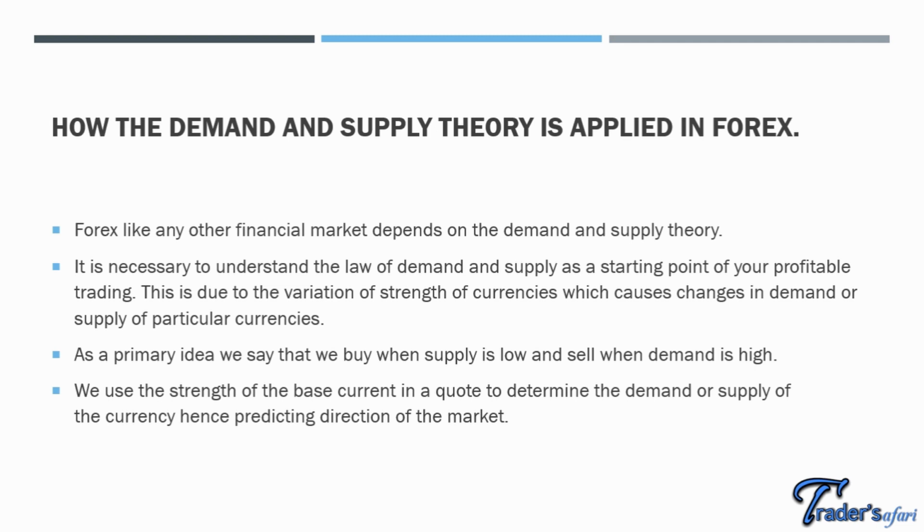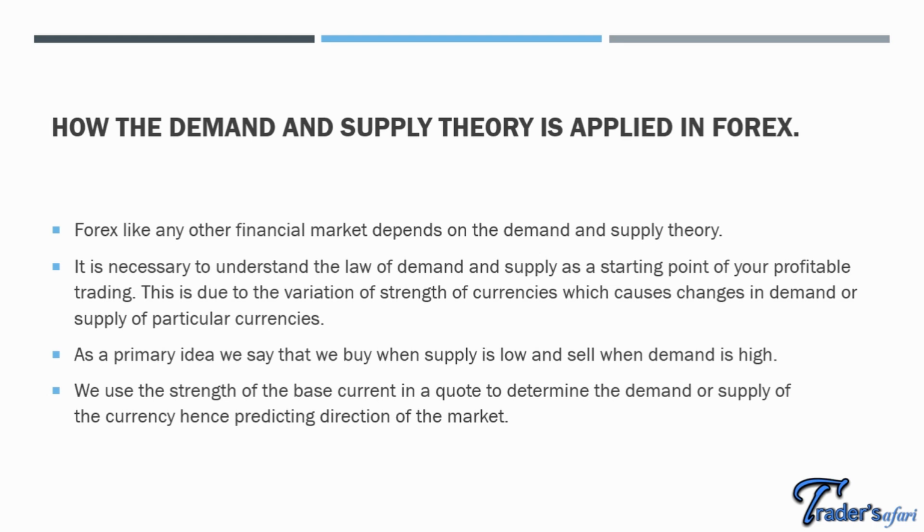Let's continue. It is necessary to understand the law of demand and supply as a starting point of your profitable trading. This is due to the variation of strength of currencies, which causes changes in demand or supply of a particular currency. As a primary idea, we say that we buy when supply is low and sell when demand is high.